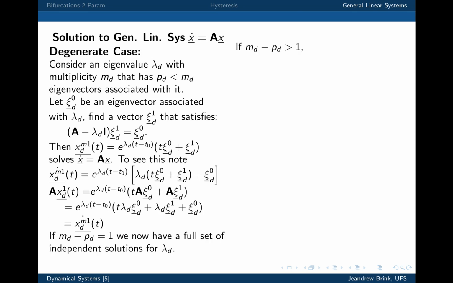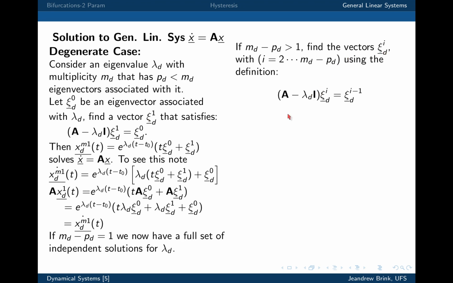Okay. So in the case where you have a bigger multiplicity, multiplicity bigger than 2, and you only have one eigenvector, you can repeat this trick, but you keep constructing additional vectors using the following definition. You make a chain.